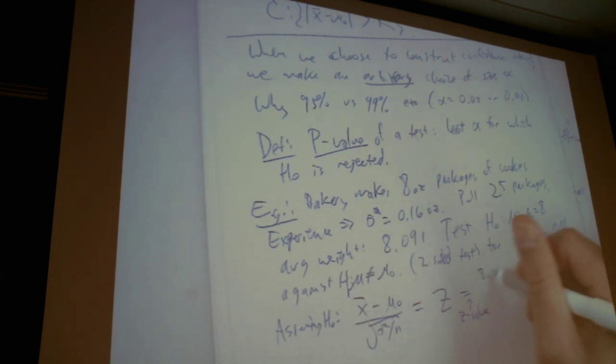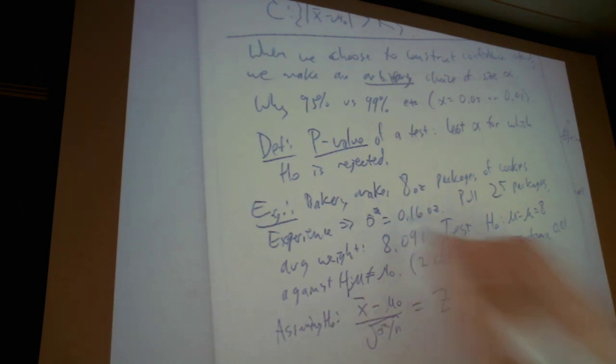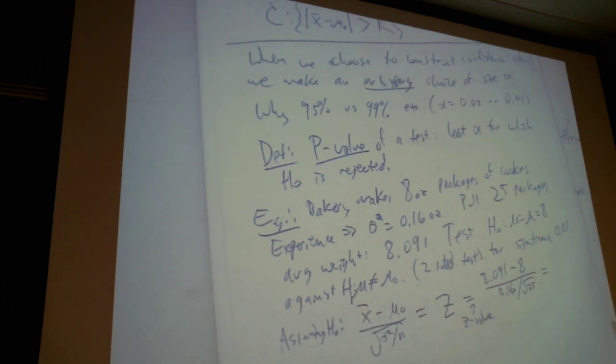The x bar we observed was 8.091. Mu0 that we're assuming in the null hypothesis is 8. We divide by the square root of sigma squared, which is 0.16, over the square root of 25. This number comes out to 2.84.